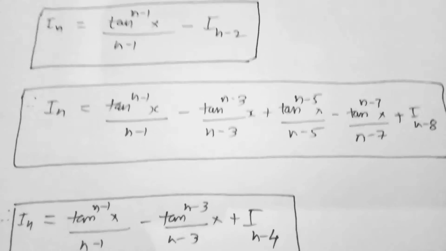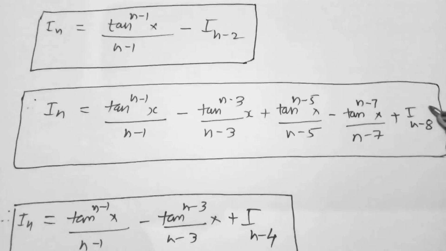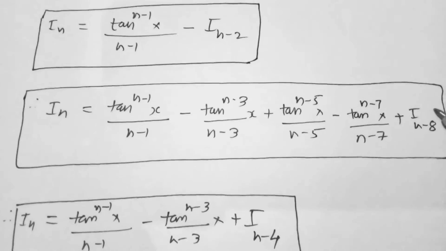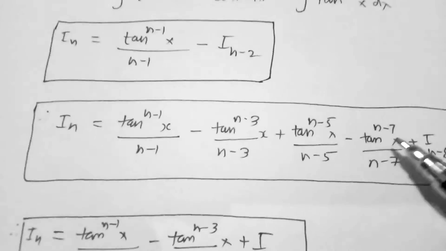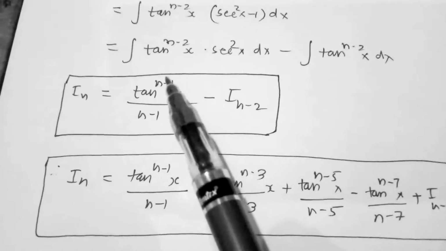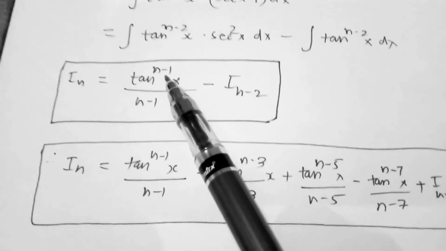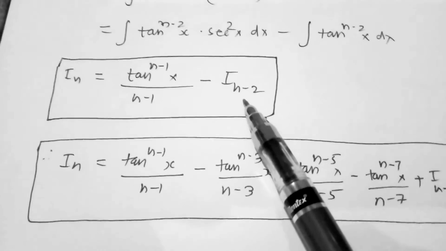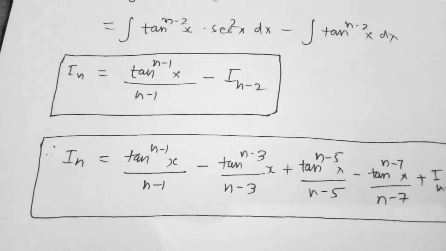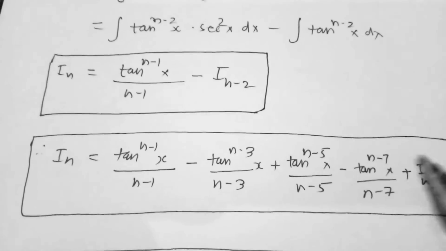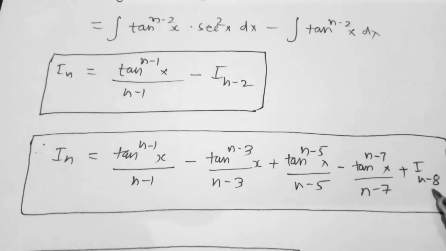Okay, that depends upon the power of the tan, right? So here, as you can see, whenever in the answer the power of tan is n minus 1, then here I n minus 2, right? So power is n minus 7, therefore here I n minus 8.